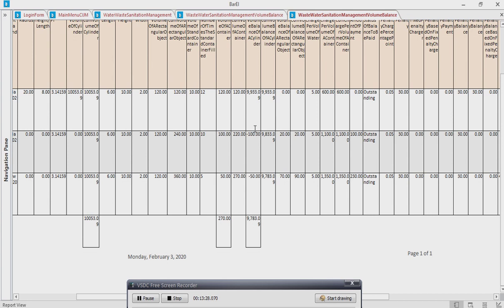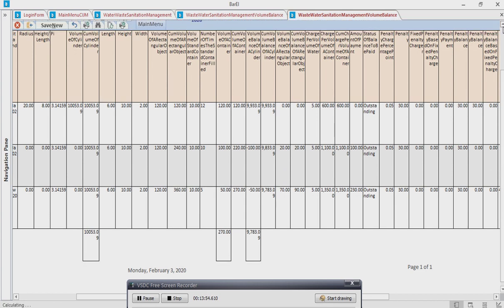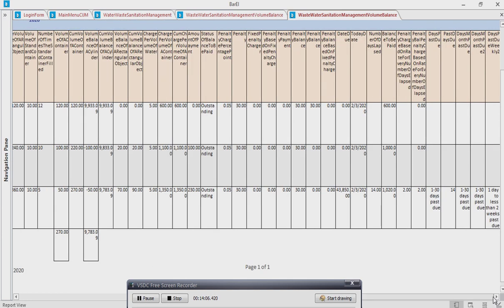This is a comprehensive report. This is the volume balance in a cylinder, the total volume in the cylinder which was there. Now this is the balance. The charges, number of days which have lapsed.